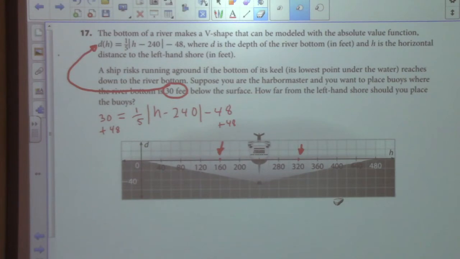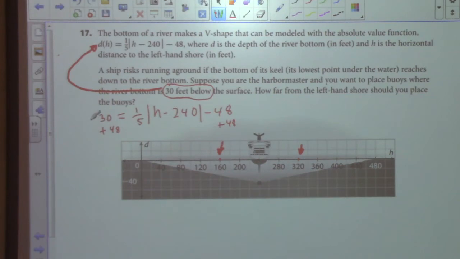Okay, I'll tell you where it is. It's right here. Oh, negative 30. Okay, who said negative 30? Randy. 30 feet below.